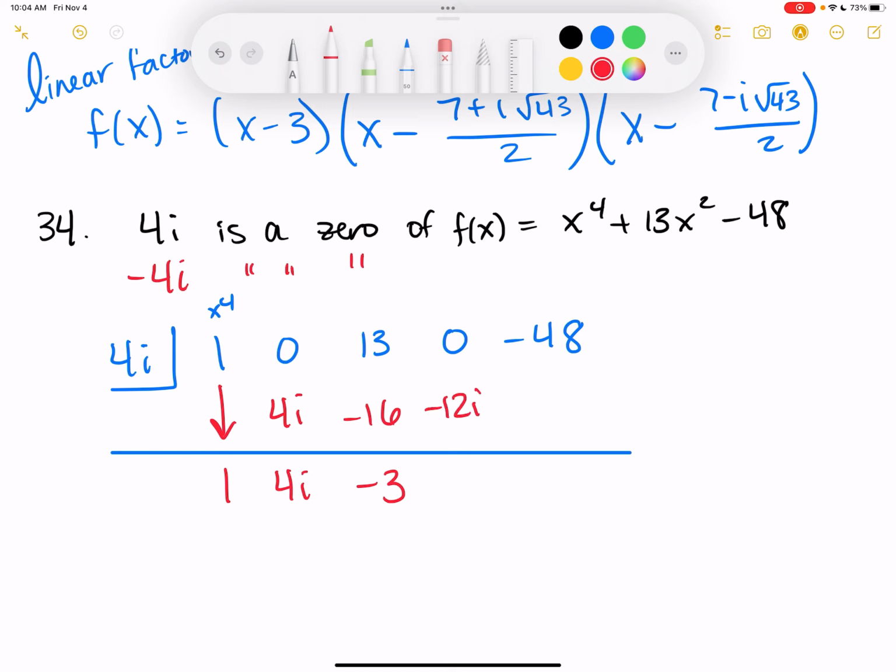Then negative 12i times 4i is negative 48i squared, so positive 48. So plus 48. So you verify that that's a 0. So if that's a 0, what is the factor? x plus 4i. That changes sign. Oh, minus 4i. Yep, because remember, this is saying that x is equal to that, so you've got to move it over to do the factor. So this is one of them.